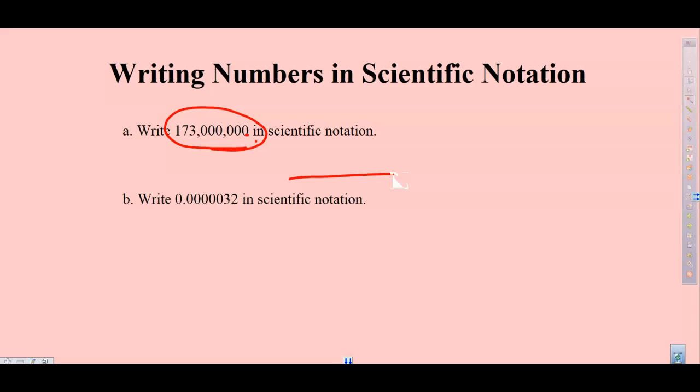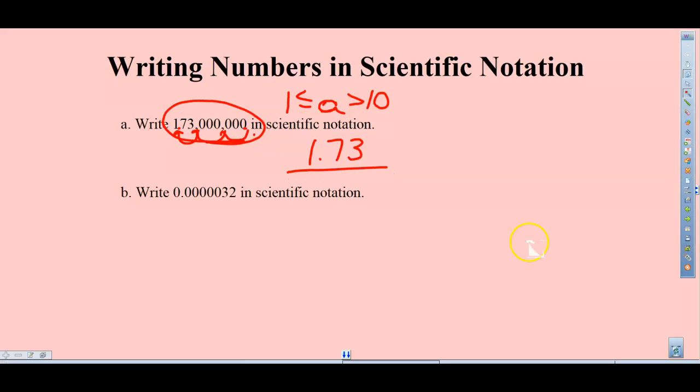Remember, this factor, which we noted to be A, needs to be greater than or equal to 1, but less than 10. So in 173 million, we're moving our decimal so that we find A, our factor. It turns out we need to move our decimal all the way over here in between 1 and 7. So now we have a value of 1 and 73 hundredths.